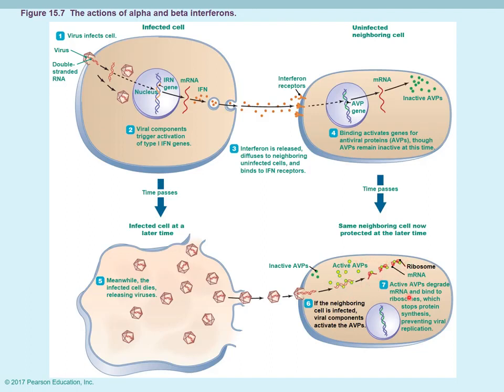So these cells will never produce new viral particles. It's kind of a multi-step thing. Can the interferon protect the initial cell that was infected by the virus? No, this one is still going to produce new viruses. However, release the interferon and all the adjacent cells can now be protected.